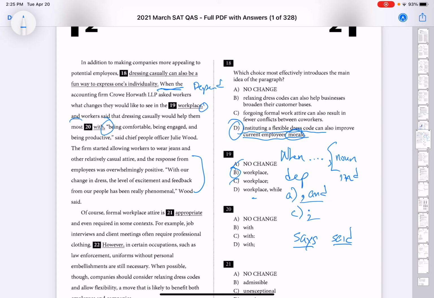So if it said, like, Macbeth said, and then you have a comma, and then you put the quotation. That's the only time you will put a comma before quotation marks, if it has the word says or said, or some other synonym that's similar to it. But in this case, it's the word with. So with is not a synonym of says or said. Therefore, it should be blank and just having a quotation mark around it. So that means that 20 should be B.